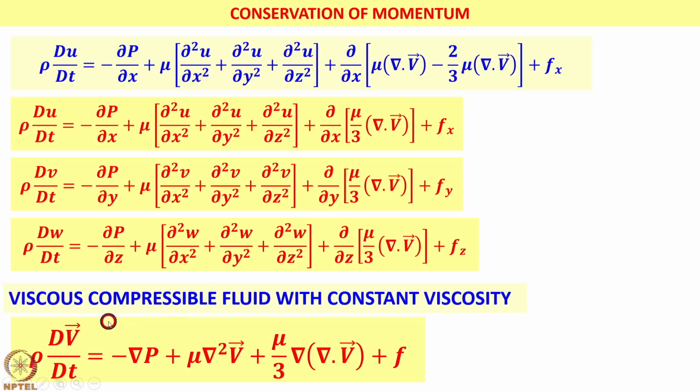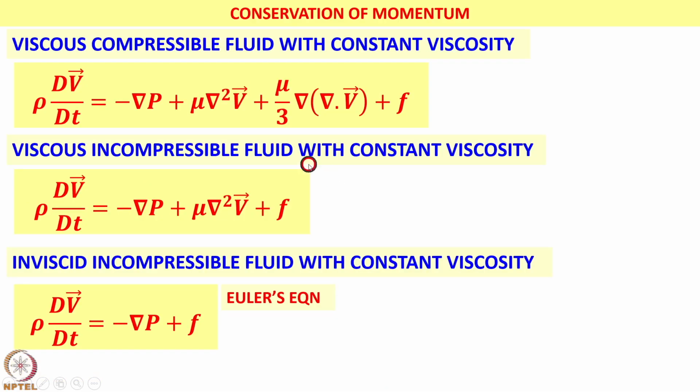Rho dV by dt, you can combine all of this, you can write that rho dV by dt equal to minus del P plus mu del squared V plus mu by 3 del of del dot V plus F. So if you have constant viscosity, you can write this as mu of del dot V, and if viscosity is 0, then what will happen?